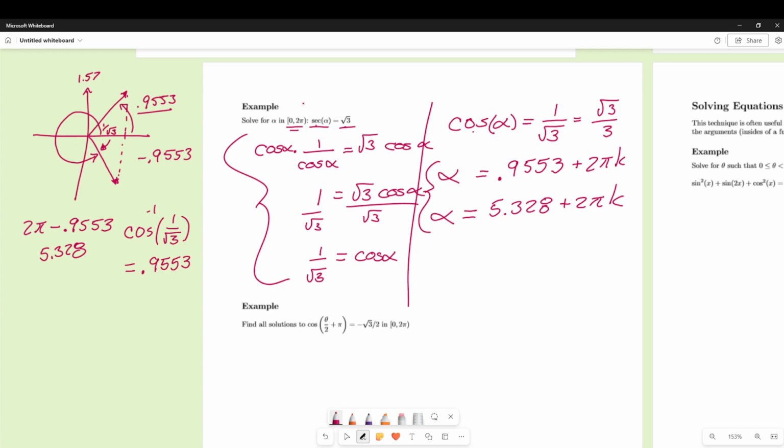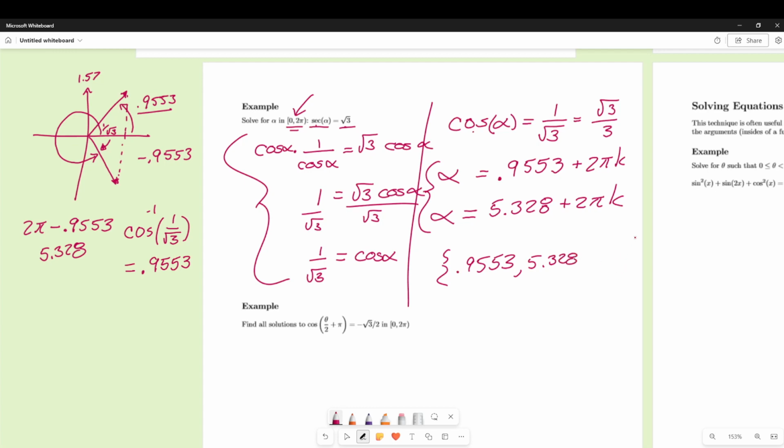But we were only asked to give solutions between 0 and 2 pi. Well, that means the 0.9553 is a solution, because that's between 0 and 6.28. Remember, 2 pi is 2 times 3.14. The 5.328 is going to be a solution.